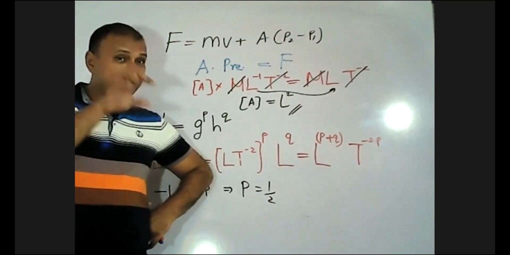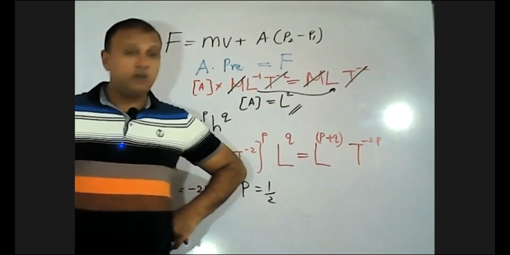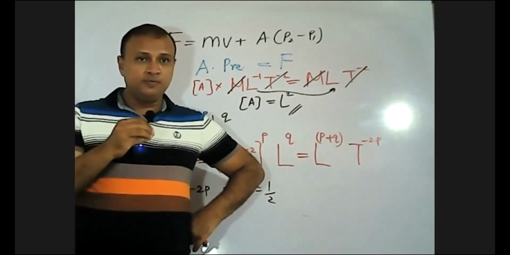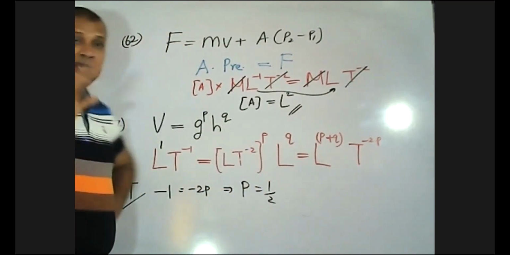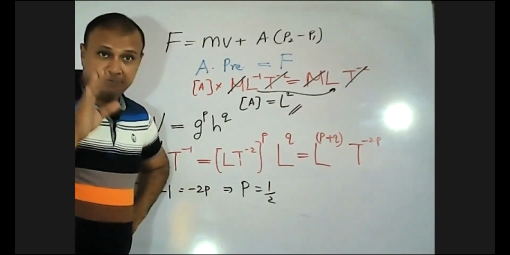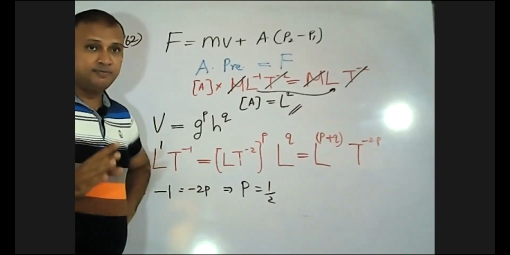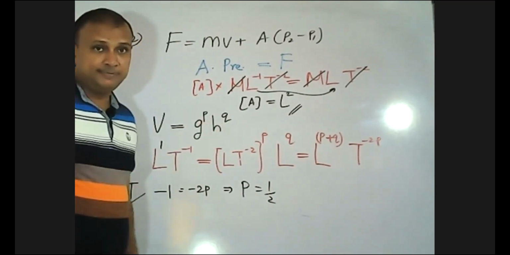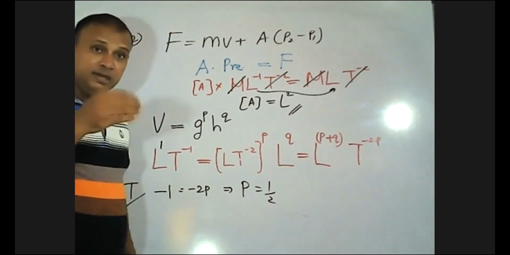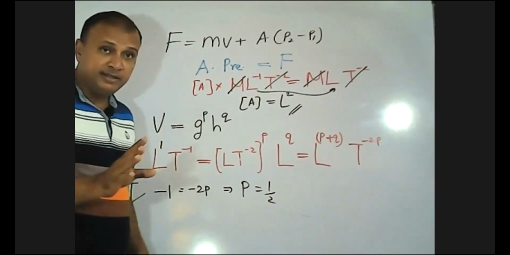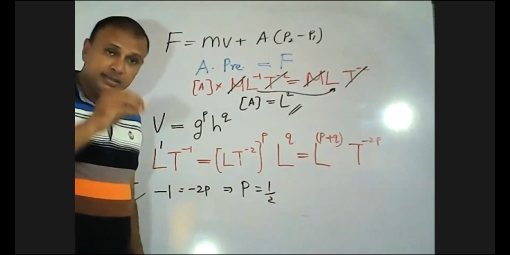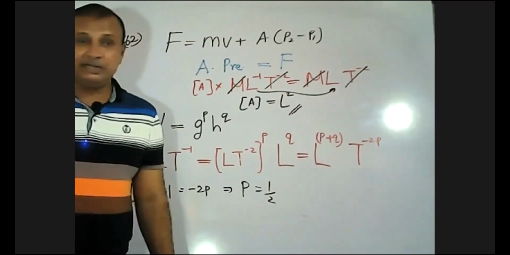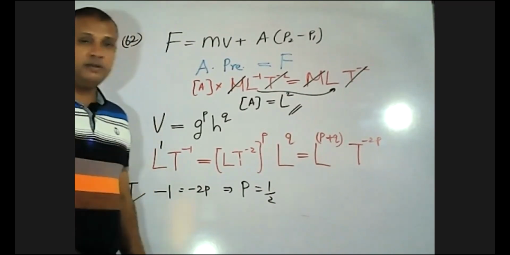Based on the words only proportional to, we can assume there should not be any other term, because this depends only on these two factors. Then you can assume K is equal to 1, but otherwise K should be given.